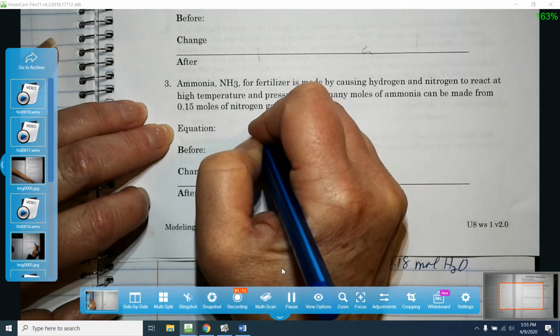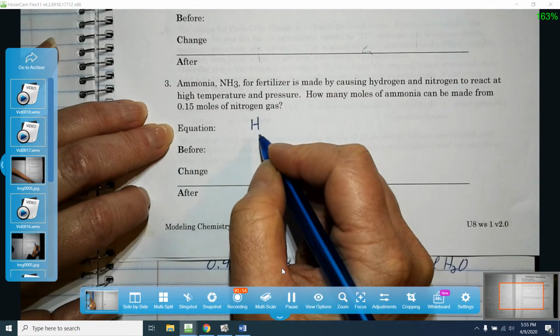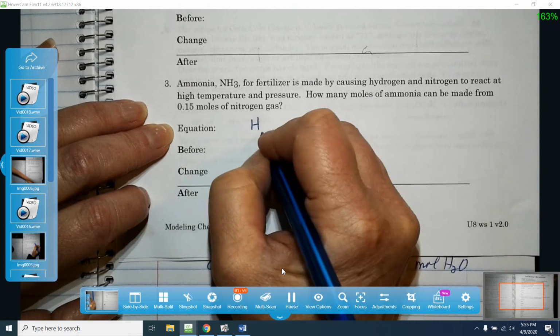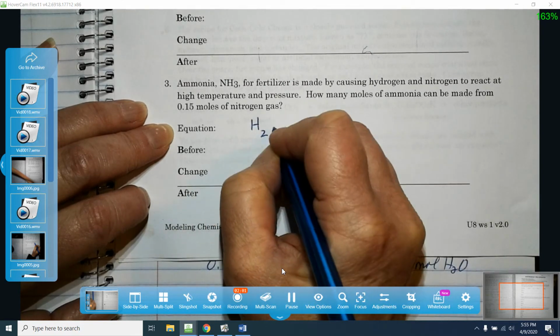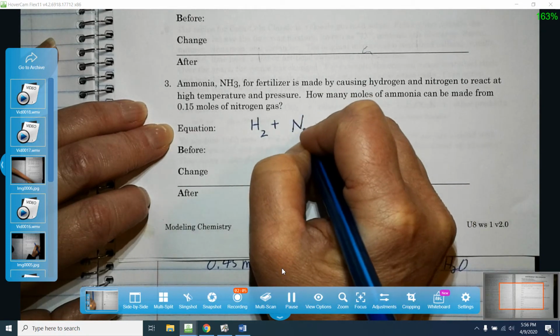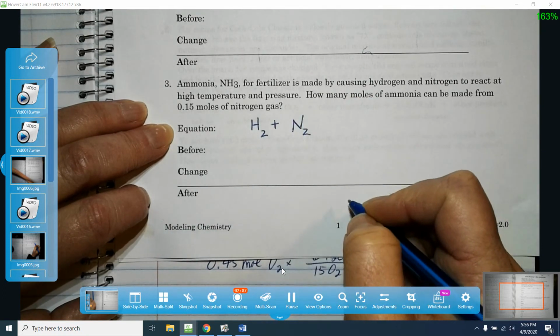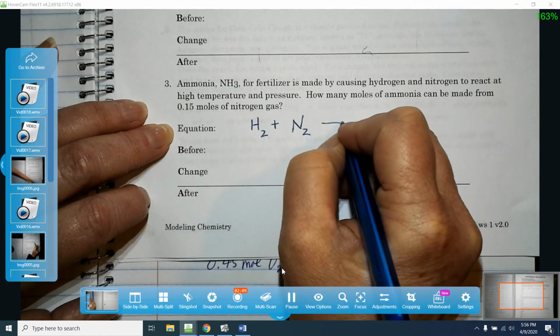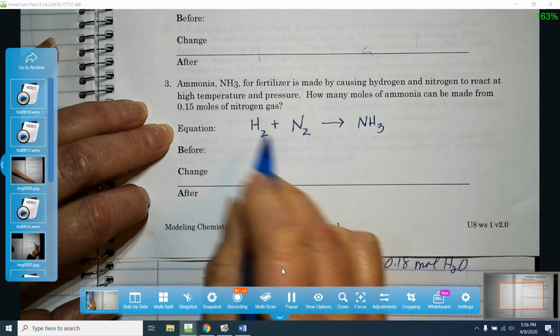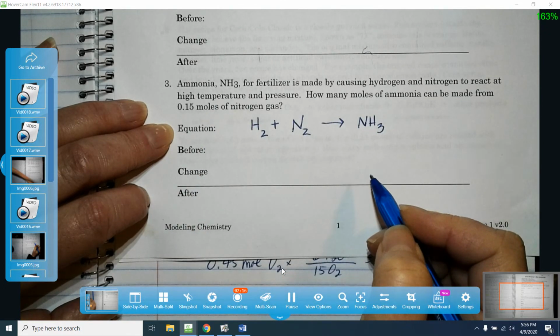So we're going to write hydrogen, but then we're going to remember that this element is one of those diatomic elements, so we're going to put a 2 there. And we're going to react it with nitrogen, and that is also a diatomic element. So those two are reacting to form ammonia. And there's my formula for ammonia. And that's it for number 3.